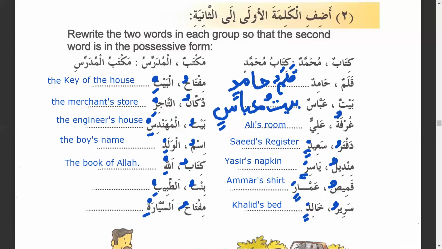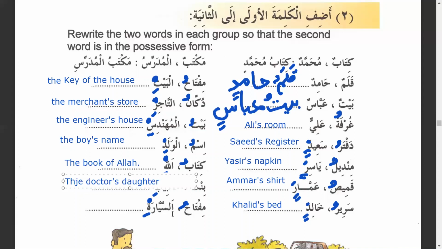At-Tabibi, Tabib means doctor. The doctor's daughter. Yes, the doctor's daughter.